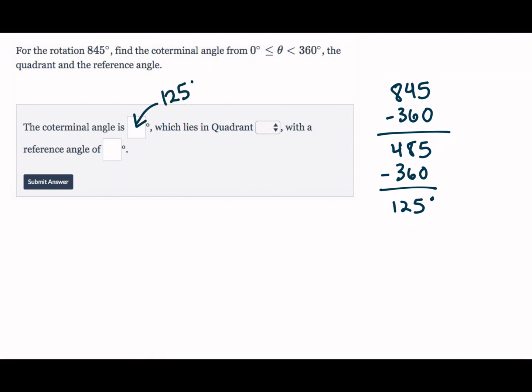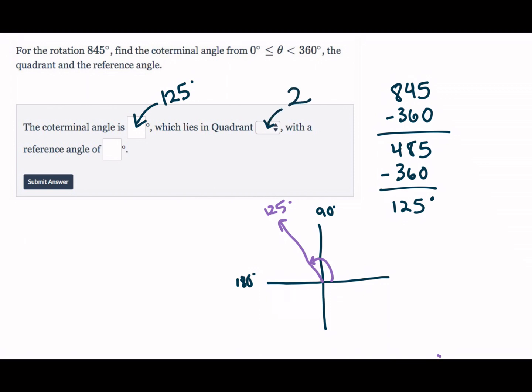This angle falls between 180 and 270. Oh no, I'm sorry, this angle falls between 90 degrees and 180 degrees, which means it is in quadrant 2. So if I sketch my angle really quick, it's here. Oh, that's not a straight line, but that's okay. So this is the angle 125 degrees, and that would be in quadrant 2.